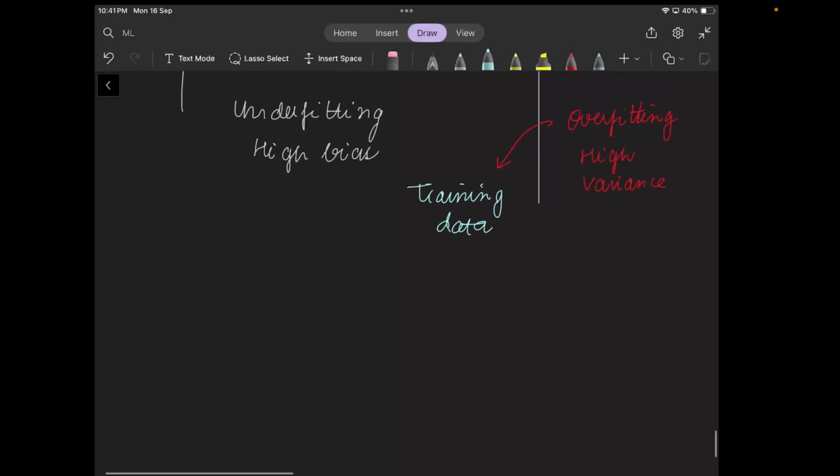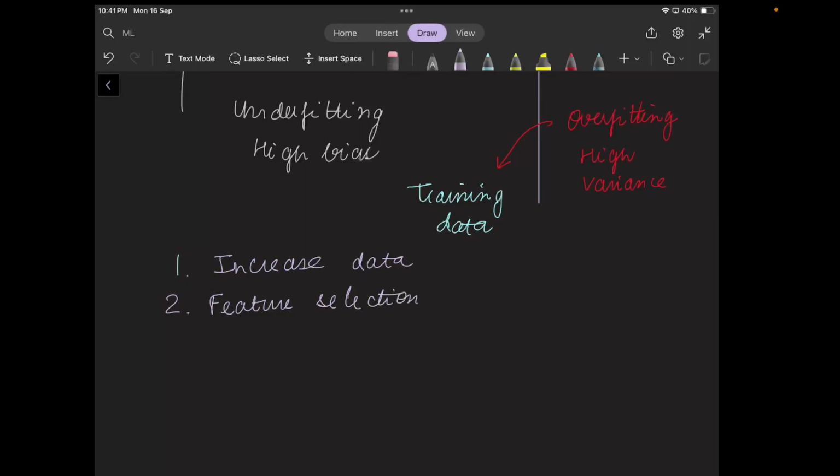And there are three things. One could be we could increase the number of data points so that the curve does not overfit. So the solution to overfitting is increase the data. The second solution is to select a few features, feature selection, and the third one is regularization.